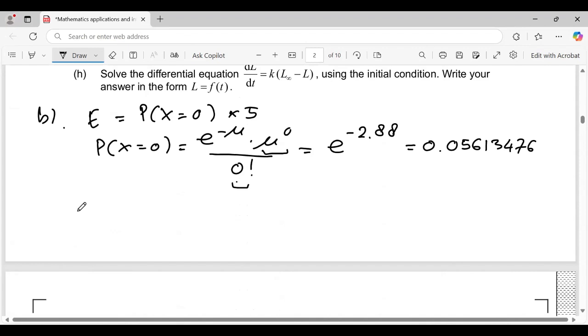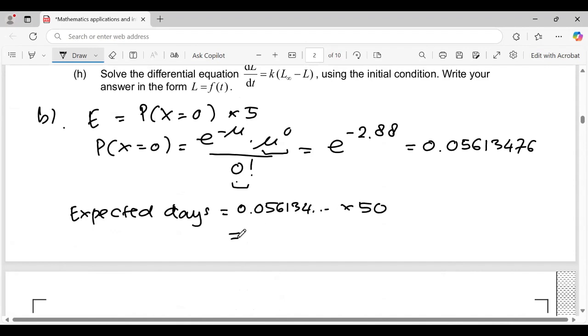So the expected days is 0.0561346 times 50, and the result is 2.8067. Rounded off, 2.81 days.